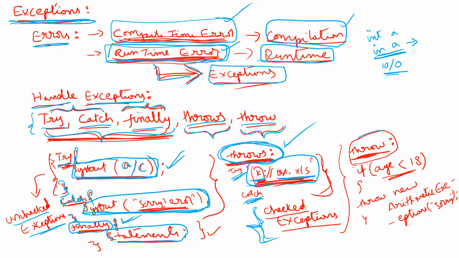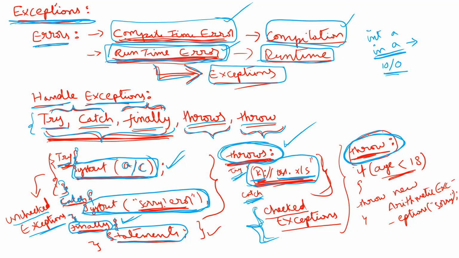Okay, now let us see the throw keyword. If we want to intentionally raise an exception, we use the throw keyword. That means even though the lines of code may not produce any error or any exception, we still want to intentionally raise exceptions sometimes.